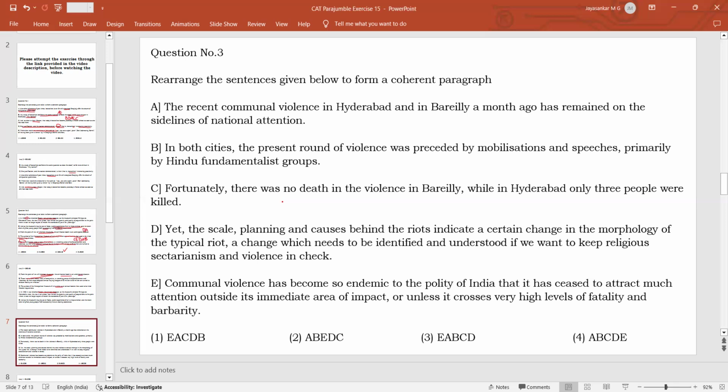Only in such cases do people bother about communal violence. Otherwise, it is becoming part and parcel of life in Indian politics.